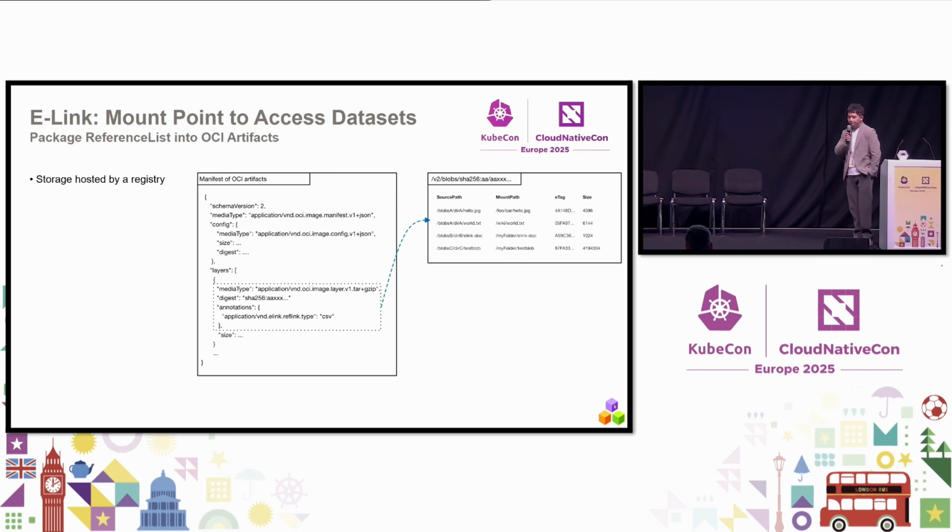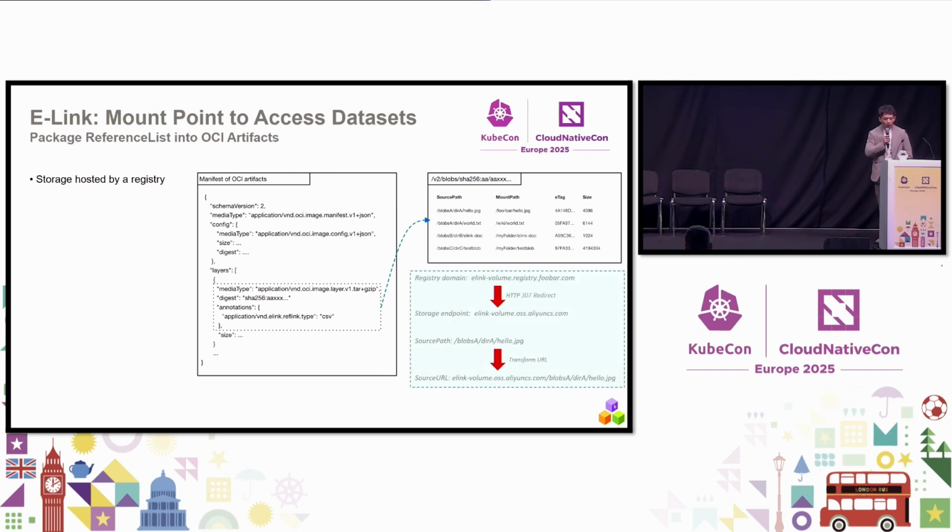Now let's package the reference list into an OCI artifact. First of all, we need a registry to take over the backend storage, which enables us to get the target blob URL from the registry.